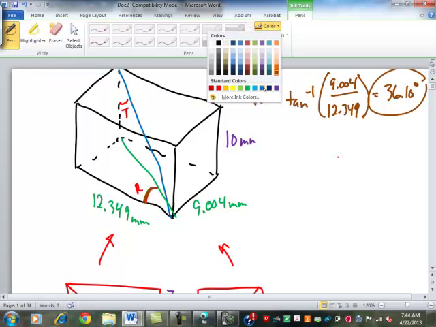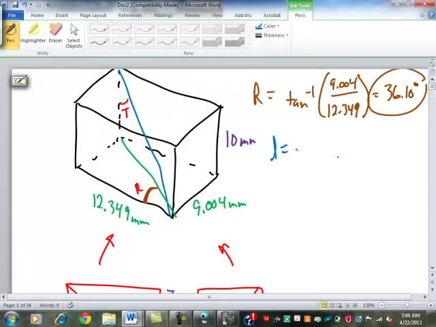To find my angle of tilt, I first have to find the length of cut, which will be the square root of 10 squared plus 9.004 squared plus 12.349 squared.